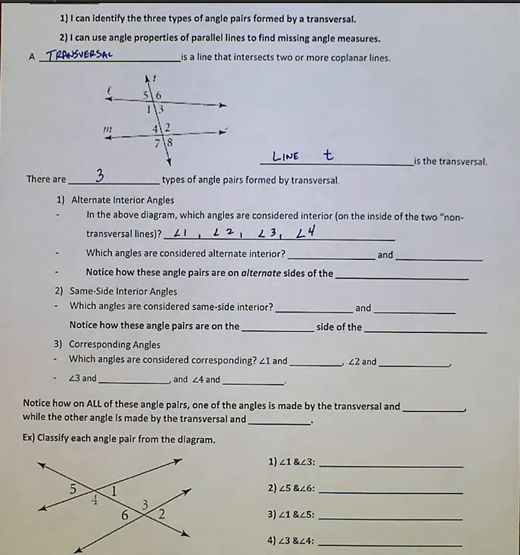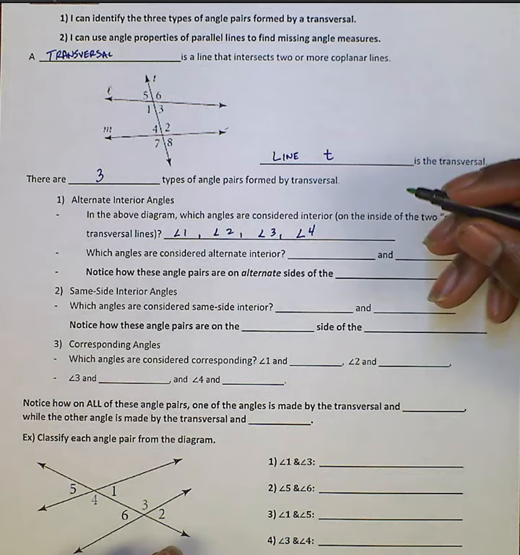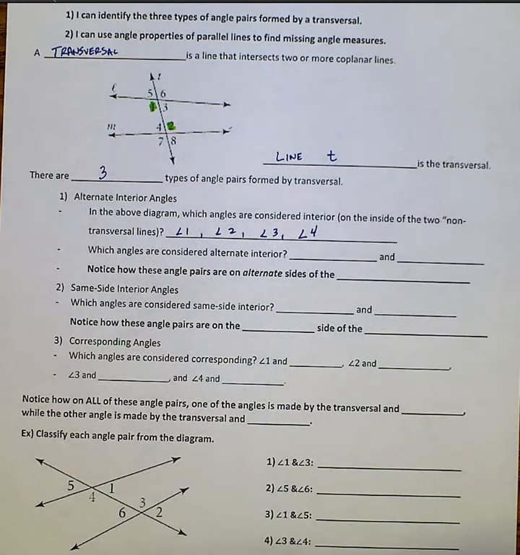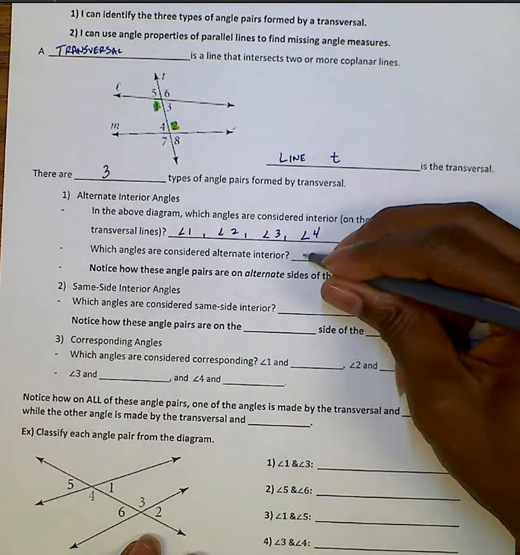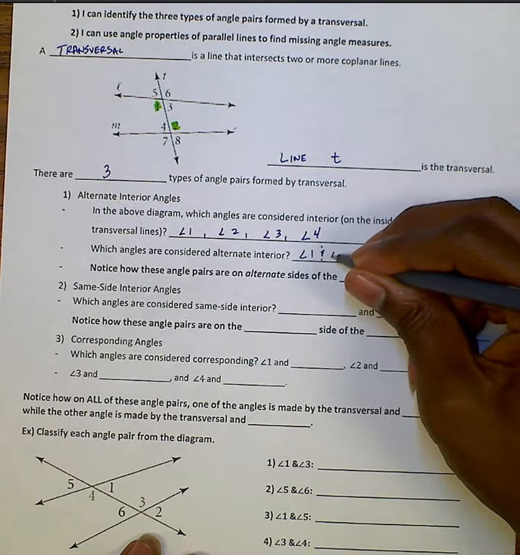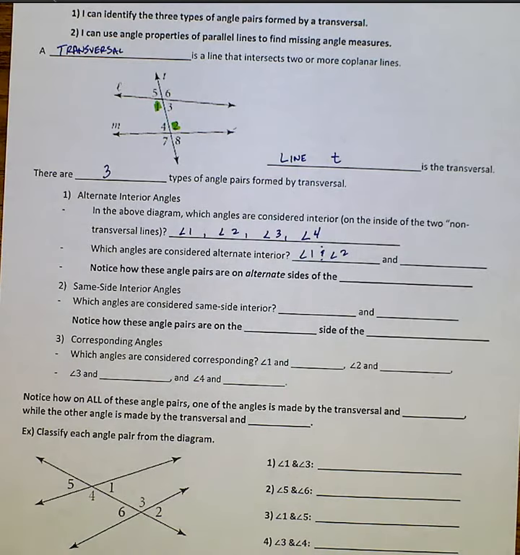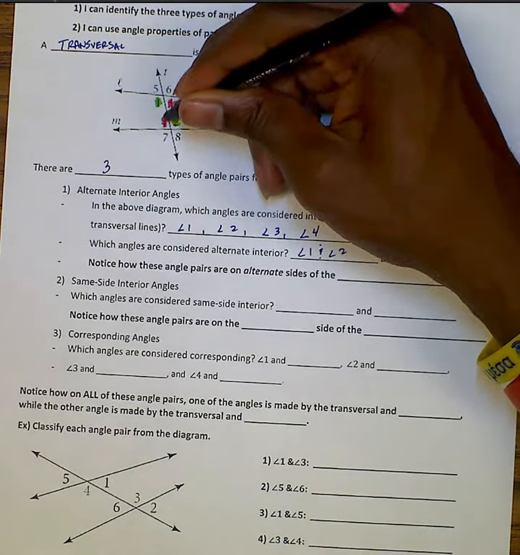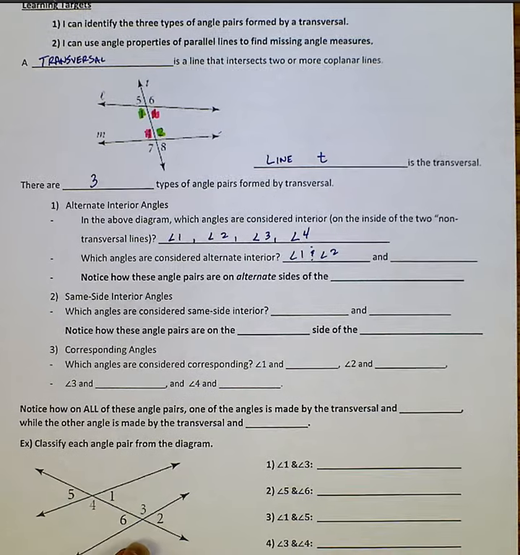Our special pairs are called alternate interior angles. We have identified the interior angles. Which ones do you think are considered alternate interior? If you look at alternate interior, that means they're inside and they're on alternating sides. So you should see that angles 1 and 2 are considered alternate interior, and you should also see that angles 3 and 4 are considered alternate interior angles.